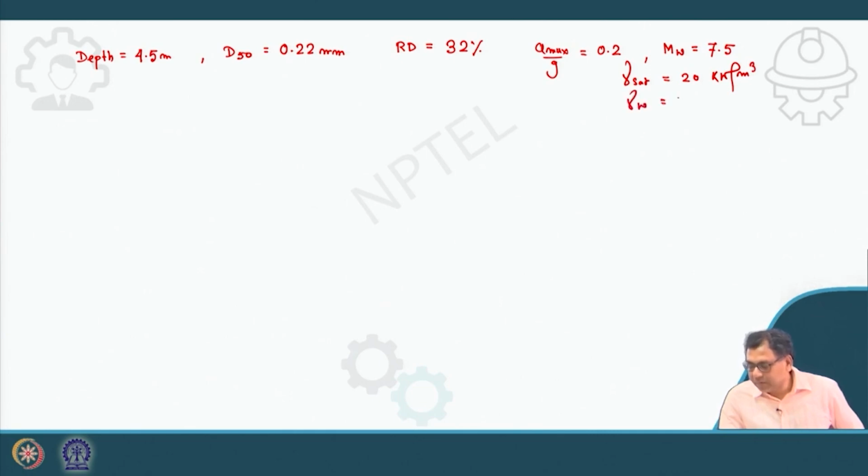Gamma W is equal to 10 kilonewton per meter cube. So gamma sub is equal to 20 minus 10, that will be 10 kilonewton per meter cube.